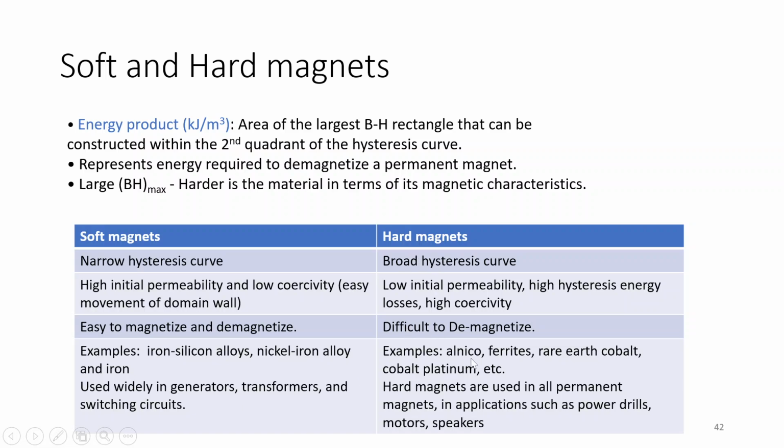For hard magnets, alnico, which is aluminum, nickel, and cobalt alloy, ferrites, rare earth cobalt, cobalt platinum, etc. Hard magnets are used in all permanent magnets in applications such as power drills, motors, and speakers.